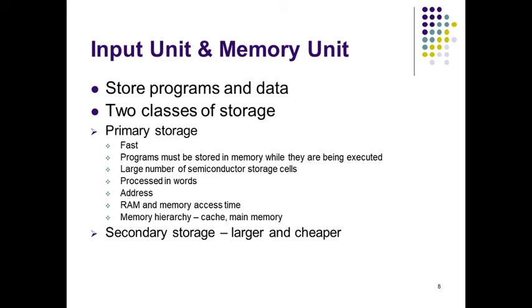A wide selection of secondary storage devices is available, including magnetic disks and tapes and optical disks. I'll discuss these devices in later chapters. So magnetic disks, tapes and optical disks, that is CD-ROMs, are considered secondary storage, which holds a very large amount and is a bit cheaper compared to the primary storage or main memory.